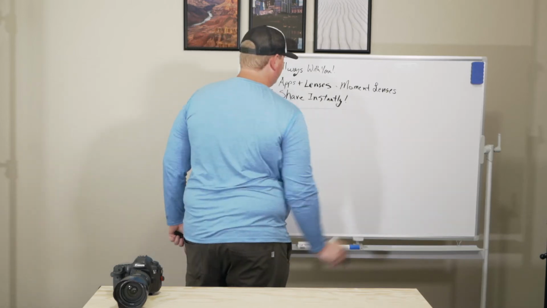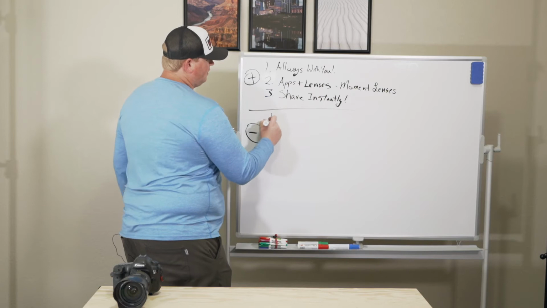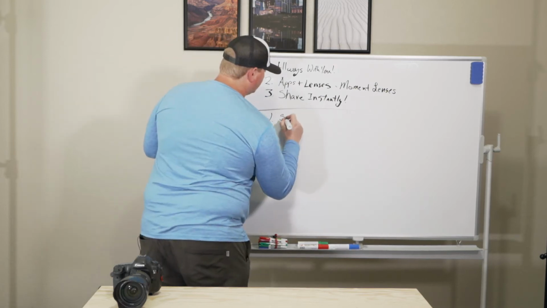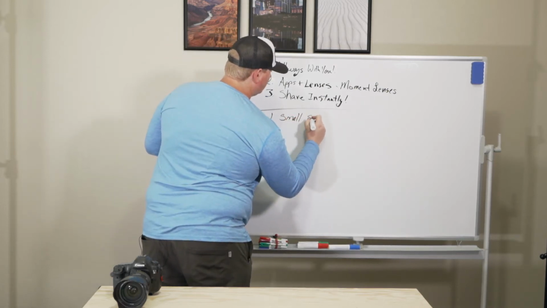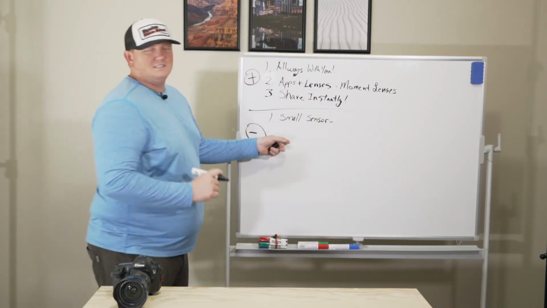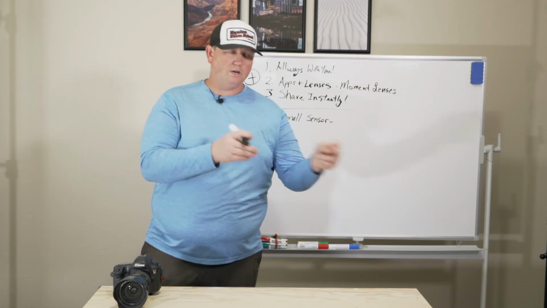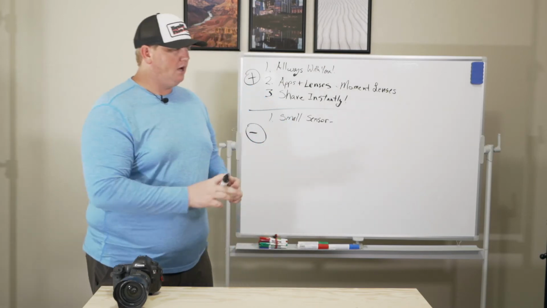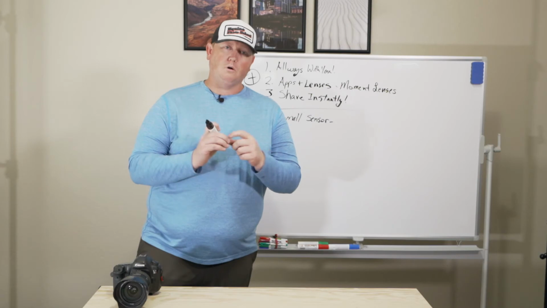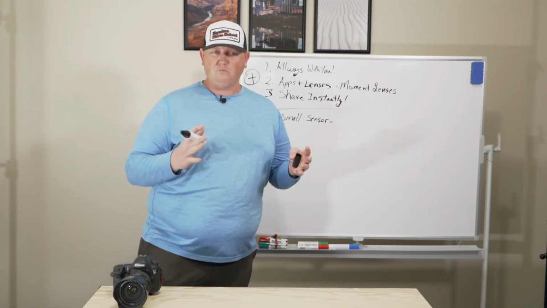Now, some of the negatives here are you have a small sensor. What that means is the thing that actually captures the light, and we're going to get into sensors in a minute, but basically you've got a small sensor, and size actually matters here. Size is important.